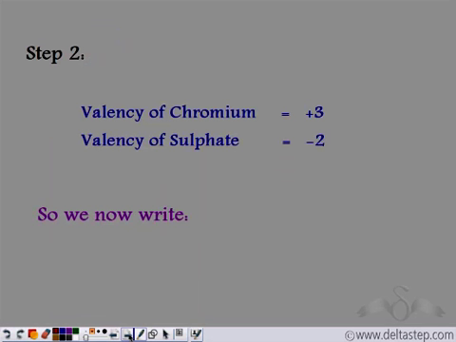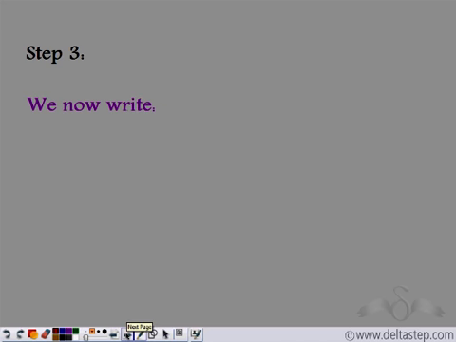So we write these valencies now. The valency of chromium is +3 and the valency of sulfate is -2. The third step involves the interchange of the valencies. So we write chromium, we ignore the positive and negative sign.